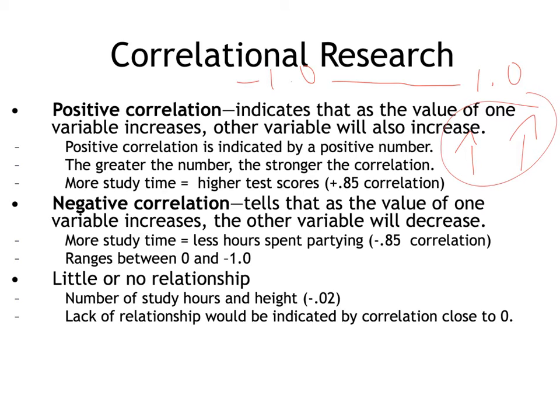A negative correlation is the opposite. It basically means that as the ice cream sales maybe go up, the other variable would go down. It doesn't necessarily have to be up and down. It could also be down and up. And it would still be a negative correlation. Notice that in the positive, both variables point toward the same direction. In the negative correlation, the variables point in opposite directions.